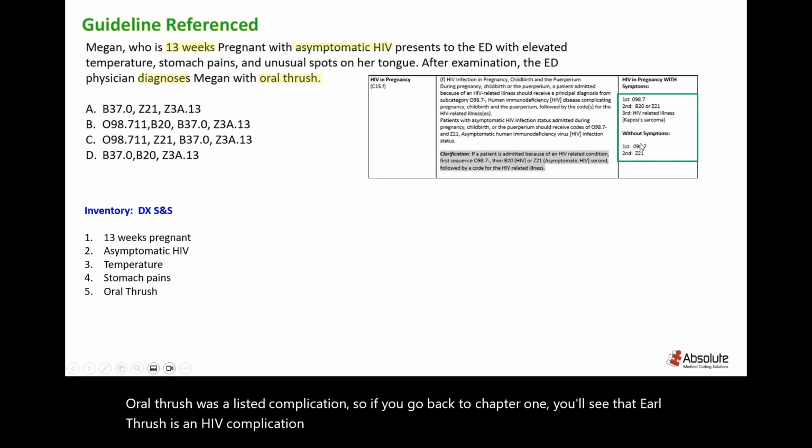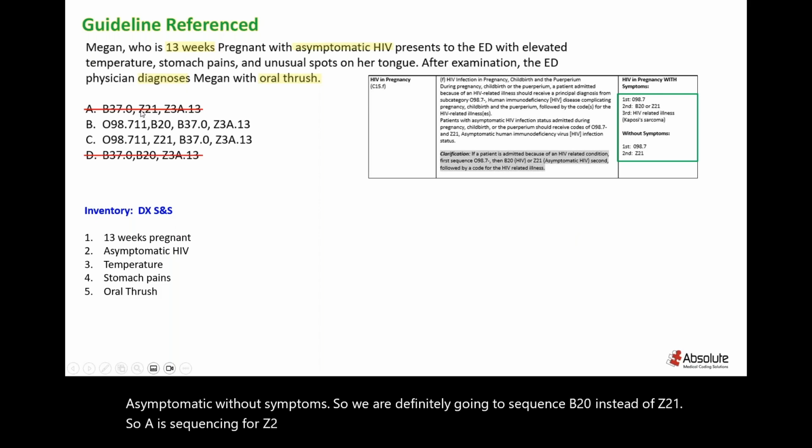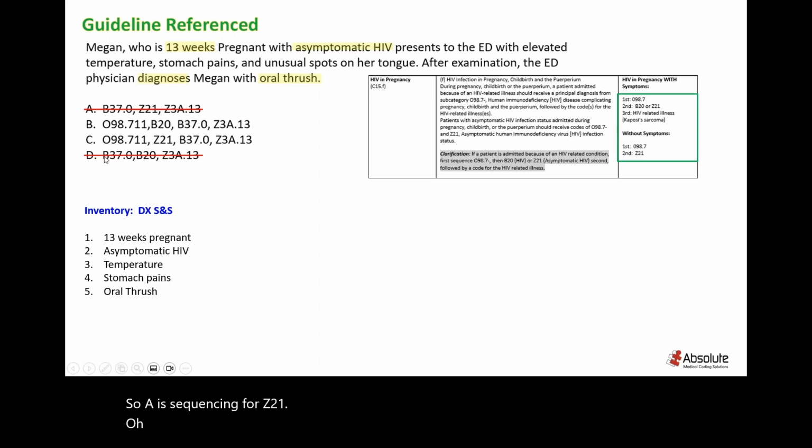So this patient is no longer asymptomatic. So we are definitely going to sequence B20 instead of Z21. So A is sequencing for Z21. Oh, wait. D is wrong. It's wrong because it's not sequencing your chapter 15 code first.